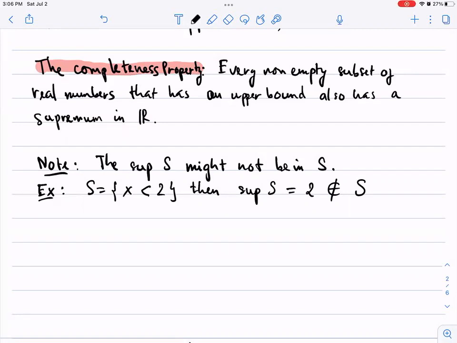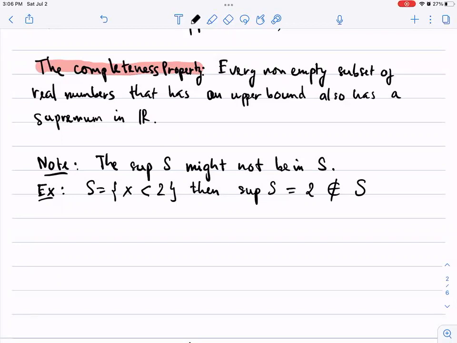Any number smaller than 2 will be in this set, and that's why it's not an upper bound. That's why 2 is the least upper bound, the supremum of this set. But obviously, this set contains all numbers strictly smaller than 2, so 2 here is not inside this subset.